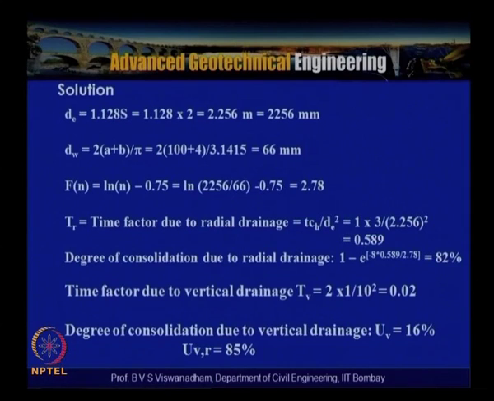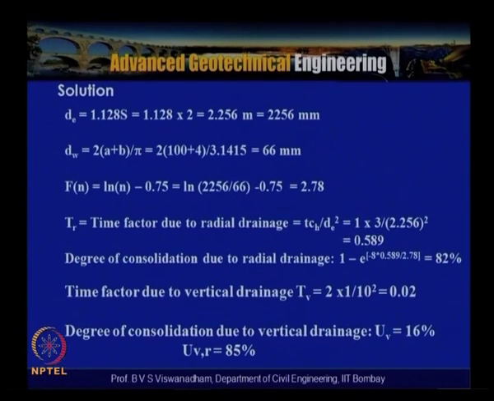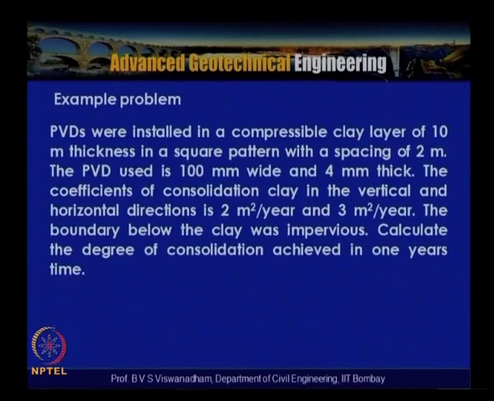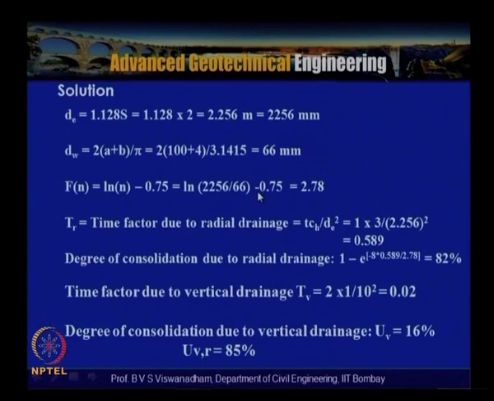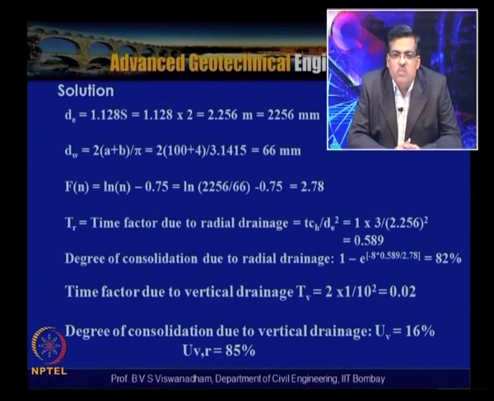The solution works out like this: first estimate DE, because the layout given is a 2 meter spacing in a square pattern. So DE is equal to 1.128 or 1.13 S, where S is equal to 2 meters. With that we get the effective diameter as 2.256 meters, which is 2256 mm.